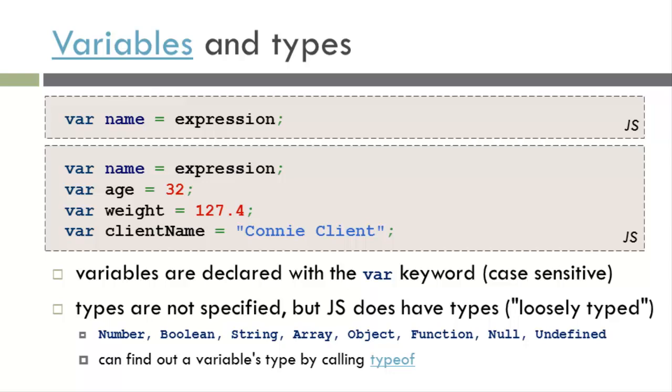If you want to make anything a string, for instance, a name, you simply put it in quotes. If you ever want to find out the type of variable you're working with, you can call typeof on it. And you can also cast from one type to another. For instance, if you have a number value that is a string, you can cast that to an int and vice versa.